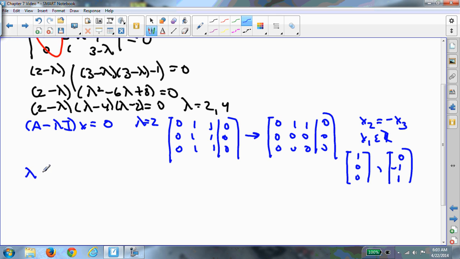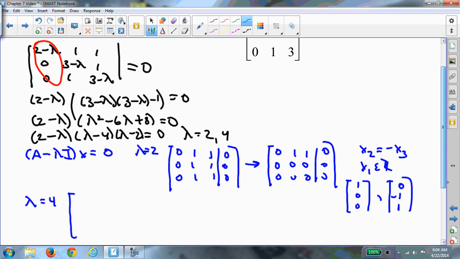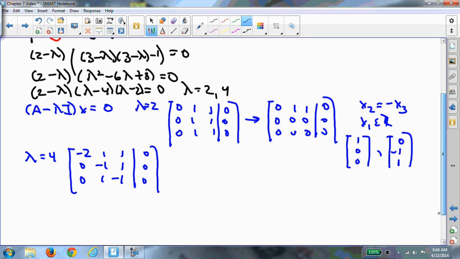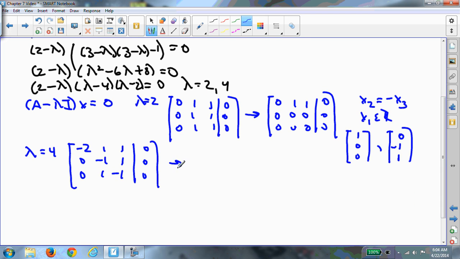Now if I do likewise with lambda equals 4, going back to my original, if I put in lambda equals 4, I get rows negative 2, 1, 1; 0, negative 1, 1; 0, 1, negative 1, and again augmenting this with 0, 0, 0. So RREFing this, let's see, if I add row 1 plus row 2, I'm going to get negative 2, 0, 0.